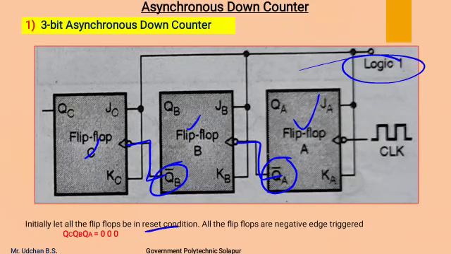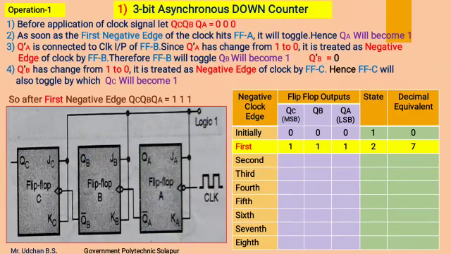Therefore the initial values of the asynchronous down counter will be 0, 0, 0. We will see the operation. Before the application of the clock, we assume the output as 0, 0, 0, that is QC is 0, QB is 0 and QA is 0.